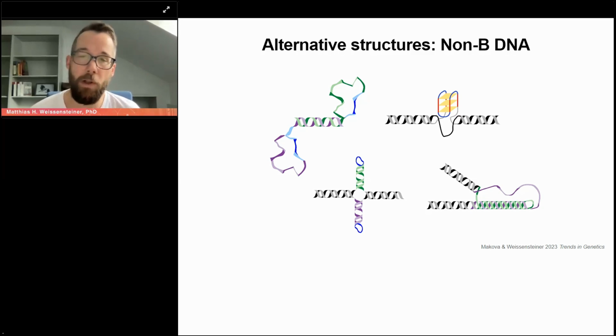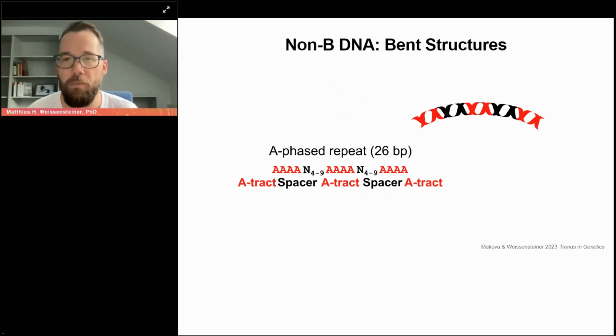They can adopt different structures, but they depend on a variety of things, mainly the underlying sequence motifs and also a diverse range of chemical and physical conditions. To be more specific here, I will talk more about 6 different types of non-bDNA, which we also have studied in our recent project. And I mentioned already that they depend on the underlying sequence motif.